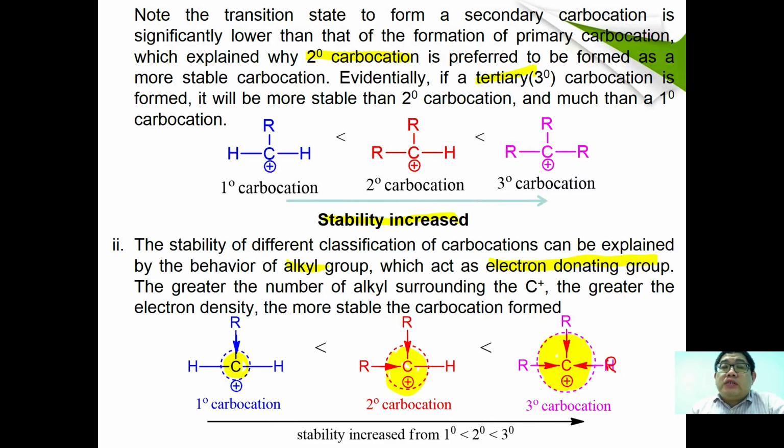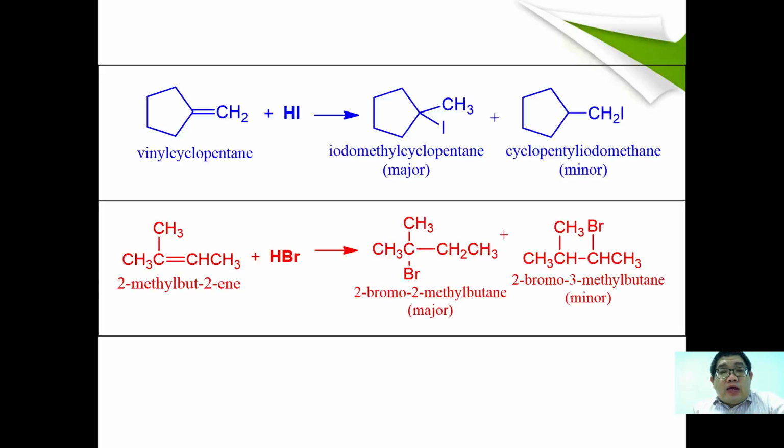So this is all about hydrohalogenation of alkenes. Before we move on, here are examples of hydrohalogenation. If you have vinyl cyclopentane and add hydrogen iodide, either the H is added to here and I is added to here, or the other way around.